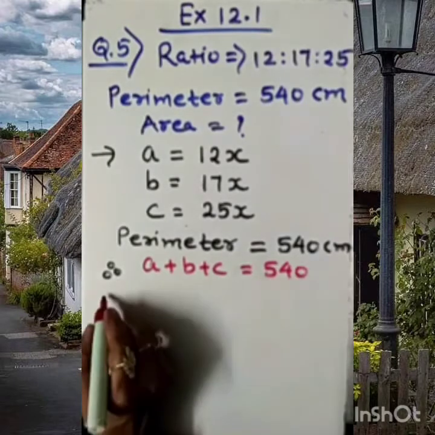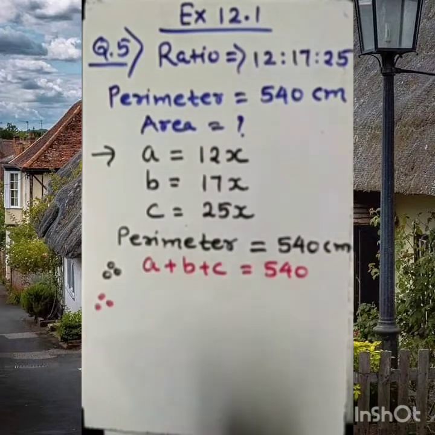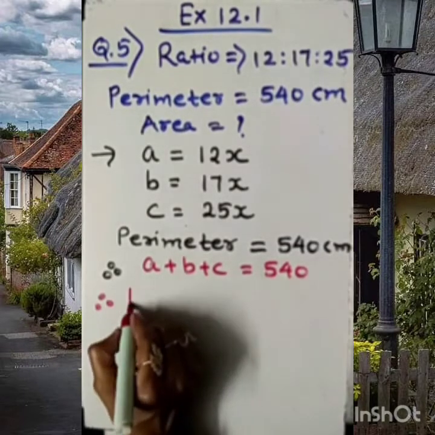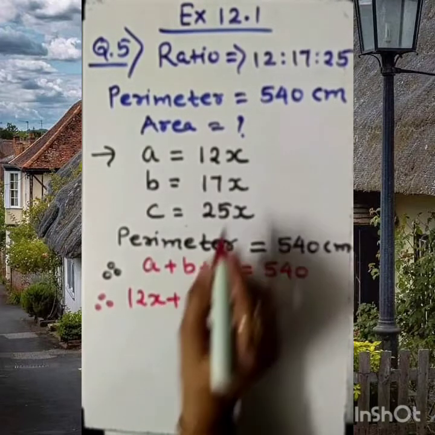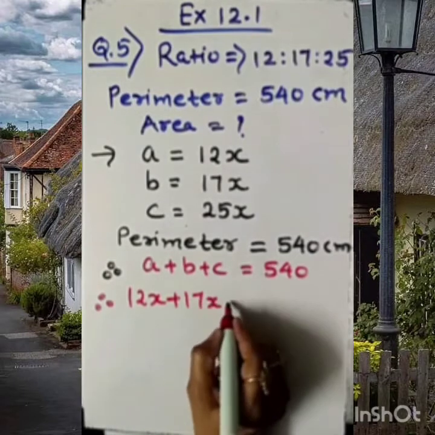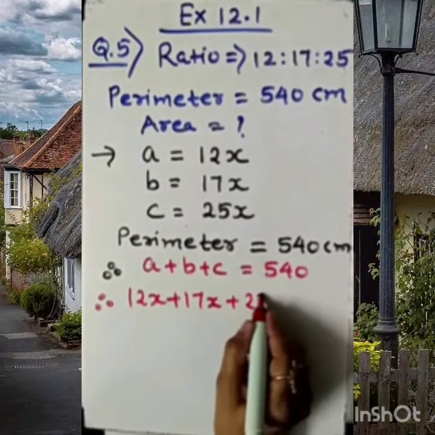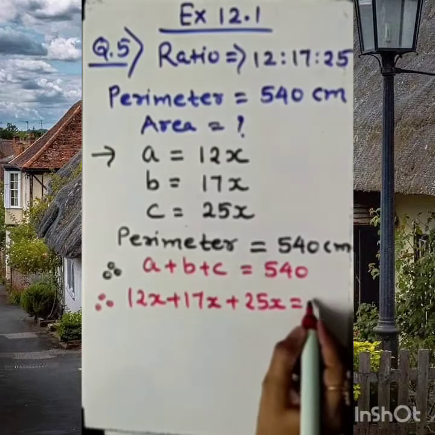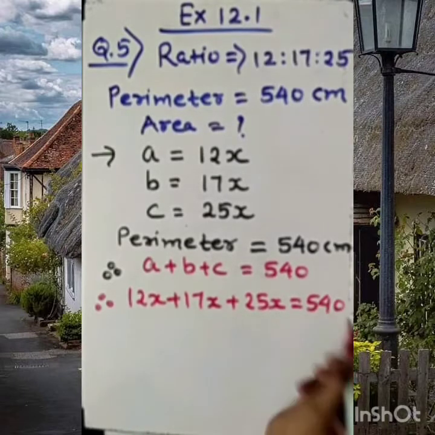Now let's substitute the values of a, b, c. What is a here? 12x. b is 17x. What is c? 25x. That is equal to 540.